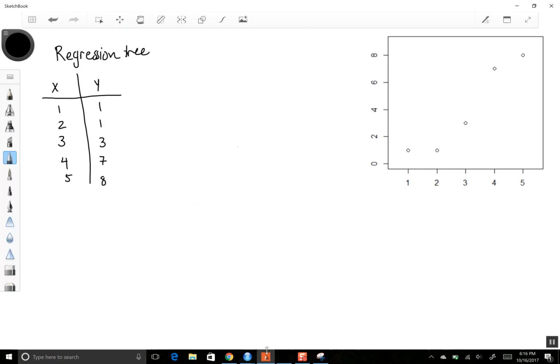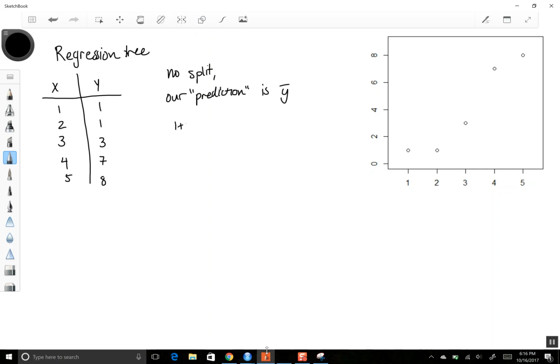Okay, and so if we have no split, our quote prediction for everything is y bar.